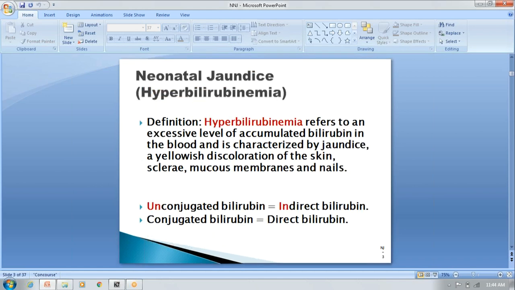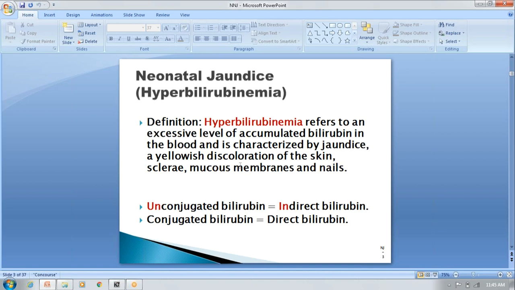So we'll go through the definition. Hyperbilirubinemia is nothing but excess accumulation of bilirubin in the skin, eye, sclera, mucous membrane and nails. So that is a yellow discoloration. Clinically, in a newborn, when the serum bilirubin is more than 5 milligrams, we can detect it by the blanching method of the skin.